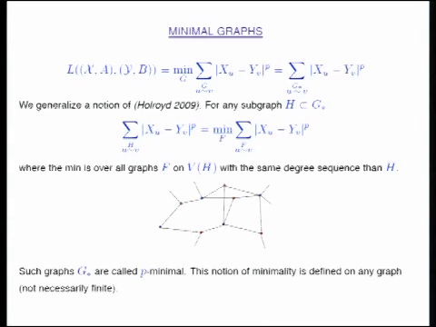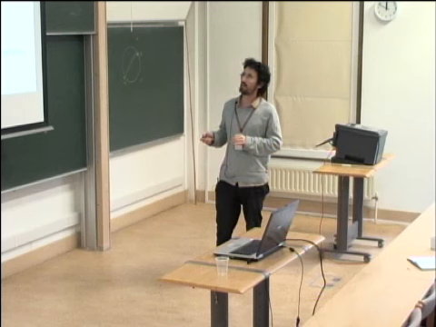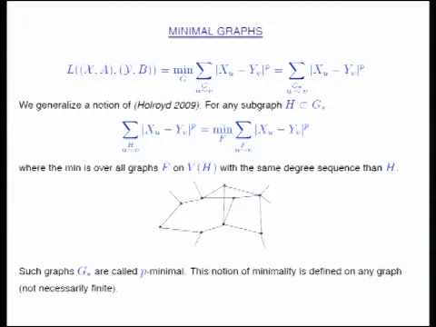Okay, so it means that if I take any subgraph of the optimal graph, and I try to rewire the edges, so if I try to look at the minimum of all graphs with the same vertex set as V of H and the same degree sequence as H, so if I take a subgraph of my optimal graph, there could be outgoing edges that I do not consider.